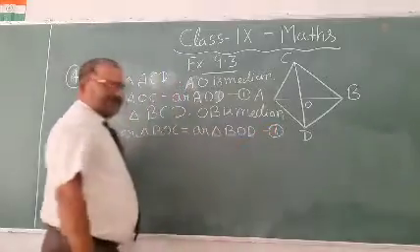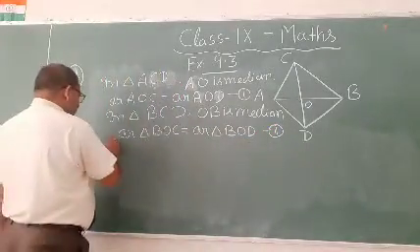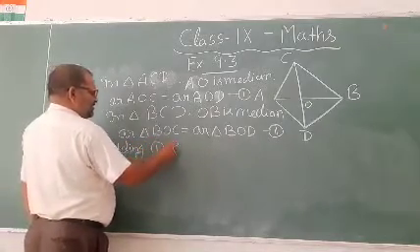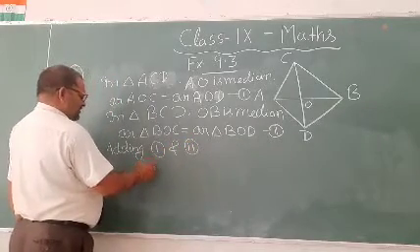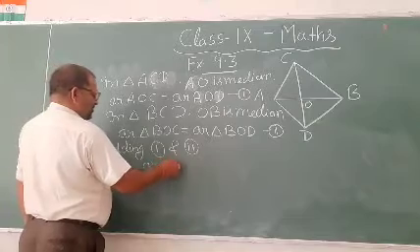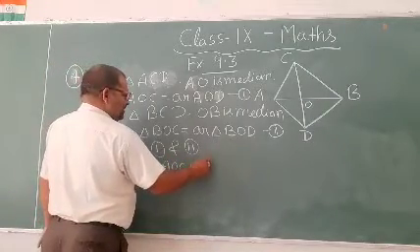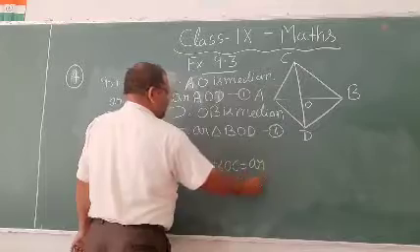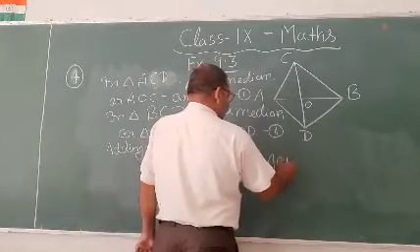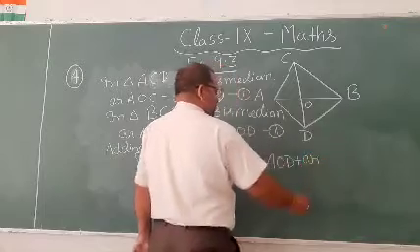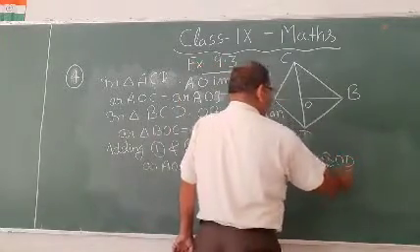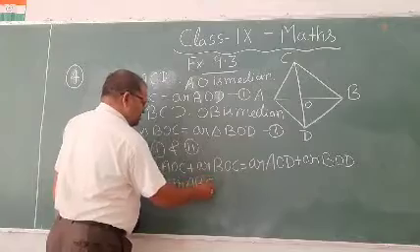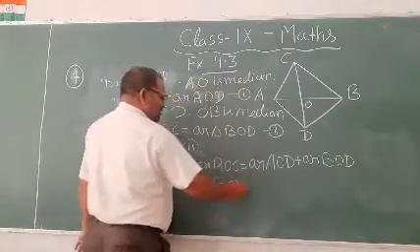Now, adding first and second, area AOC plus area BOC equals area AOD plus area BOD, that is, area ABC equals area ABD.